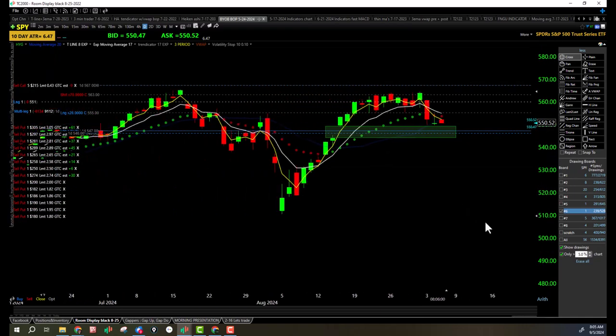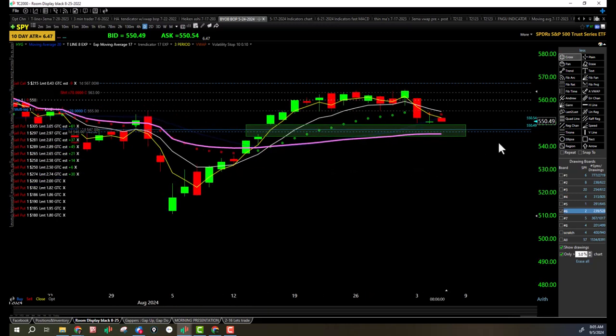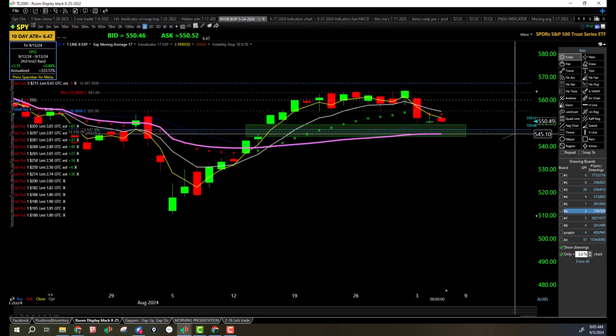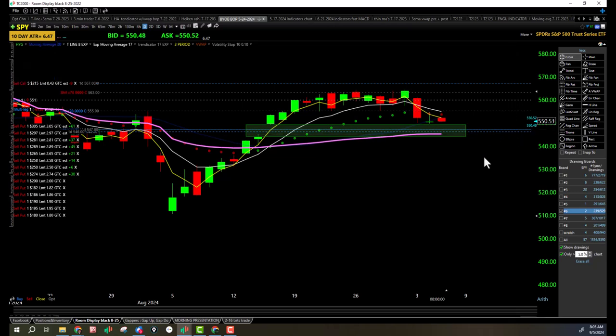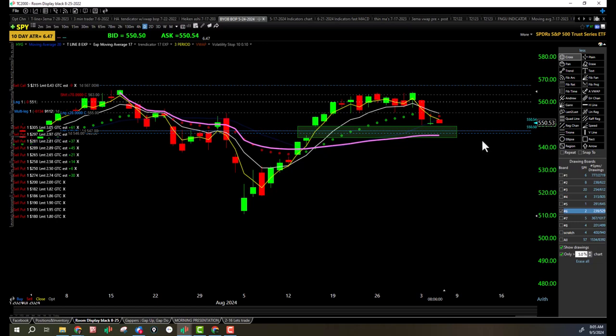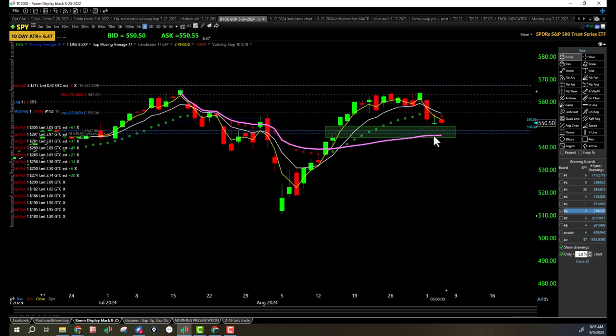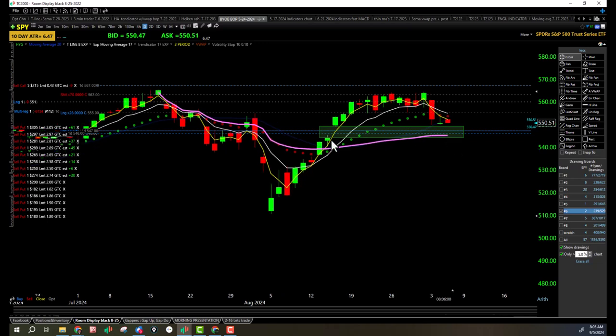544.96. Now if we place our anchored VWAP on the all-time high, you can see that 544.96 kind of coincides with our all-time high anchored VWAP. So I think they're coming back down to tag the all-time high anchored VWAP, maybe even fill the gap completely, all right, and then maybe take out this breakup candle low.